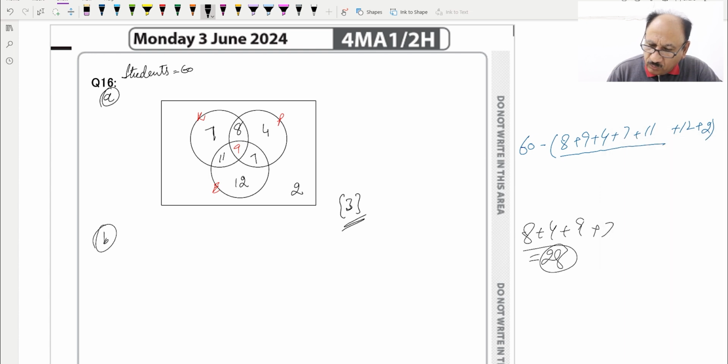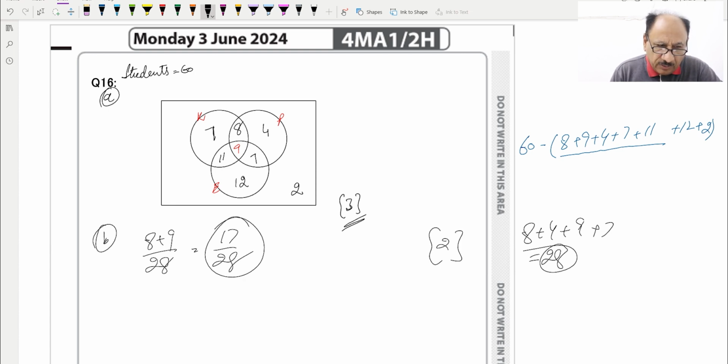So out of 28, they are saying find the probability that this student also choose knitting. So knitting are 8 plus 9, so we can write 8 plus 9 over 28, which is 17 over 28, and this is 2 marks part, which we have done.